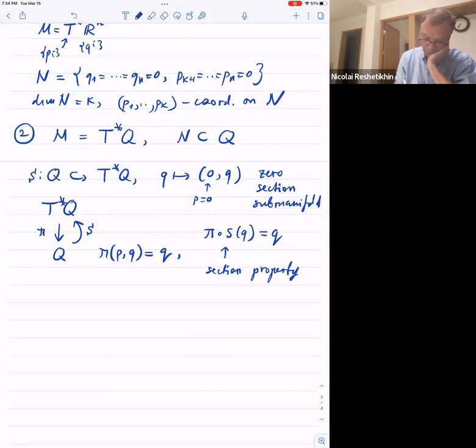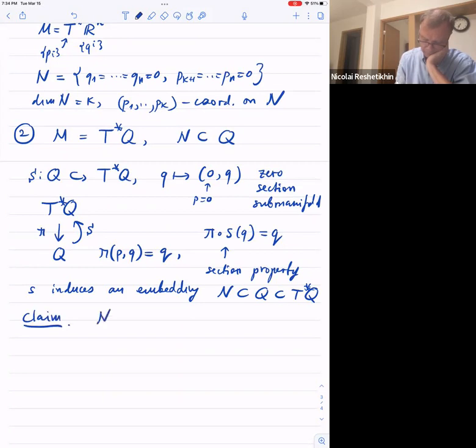Okay, so now s induces an embedding of N in Q into T star Q. Claim: it's an isotropic submanifold.